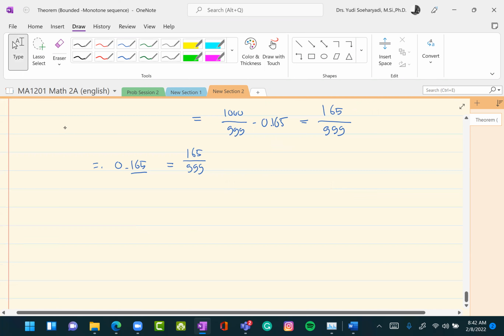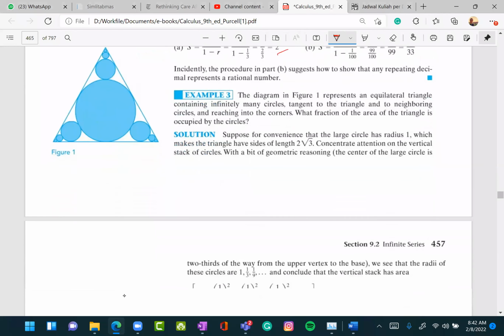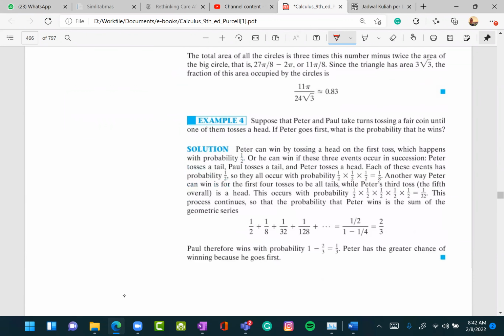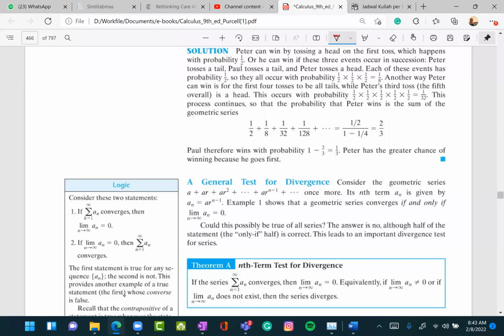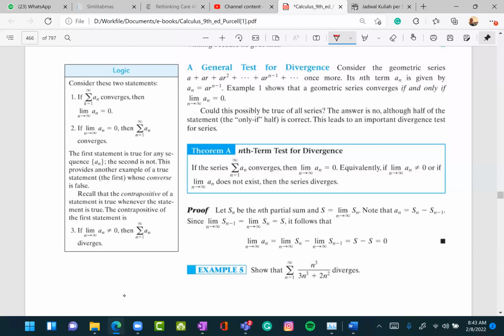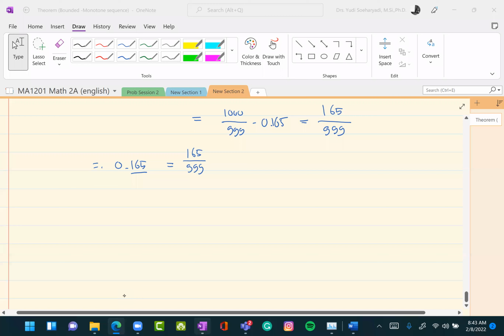What we call a, what you call a geometric series. Okay, let's see.